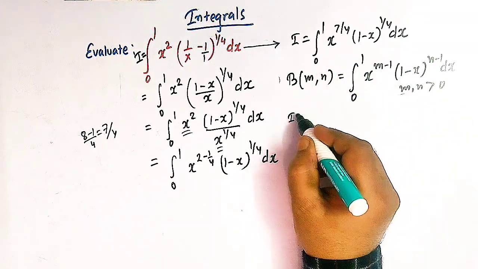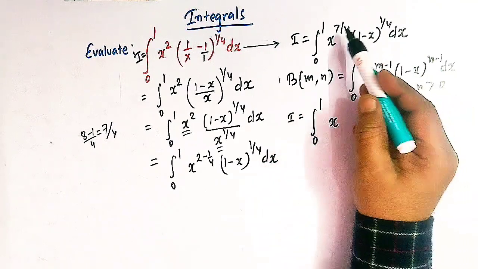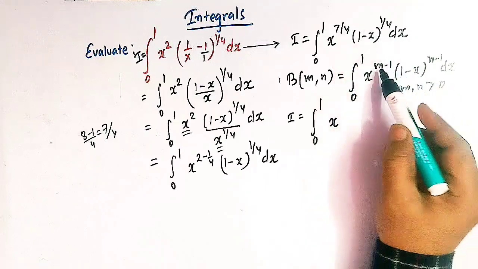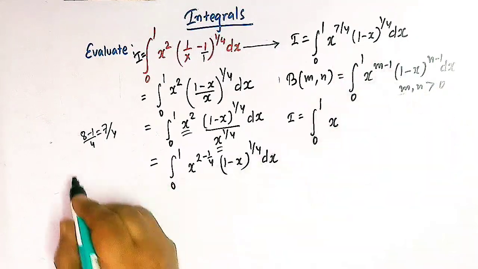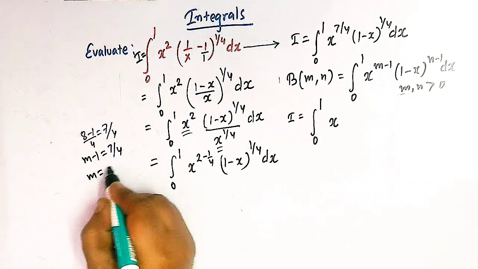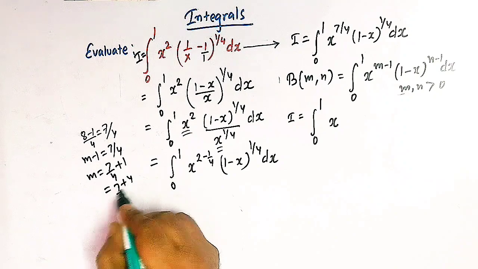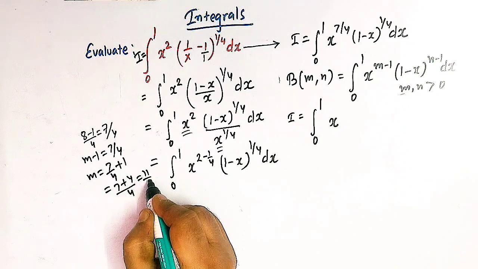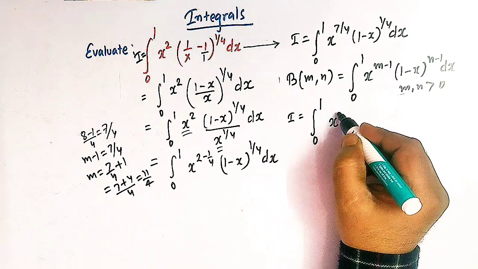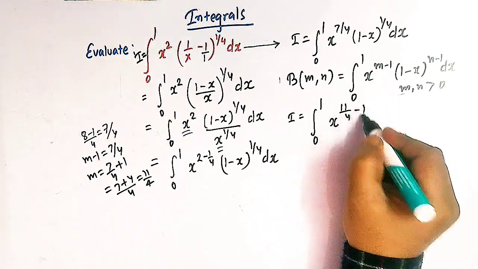So what we can write, we have 0 to 1 and we have x raised to 7 by 4, right? So now we can take m minus 1 as 7 by 4. So m is 7 by 4 plus 1. So this is 7 plus 4 over 4, that is 11 over 4, right? So we can here write 11 over 4 minus 1.